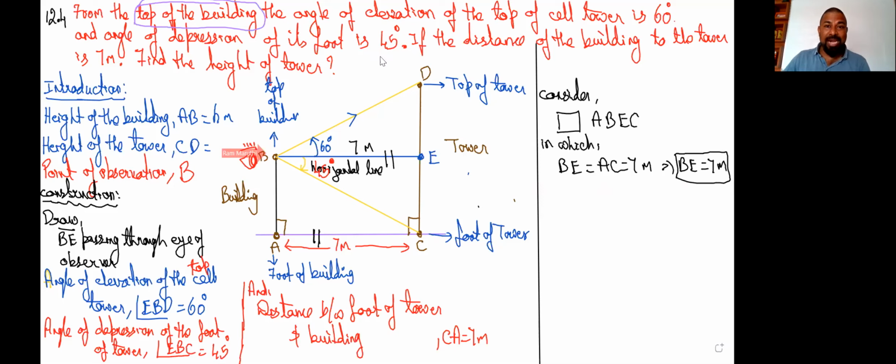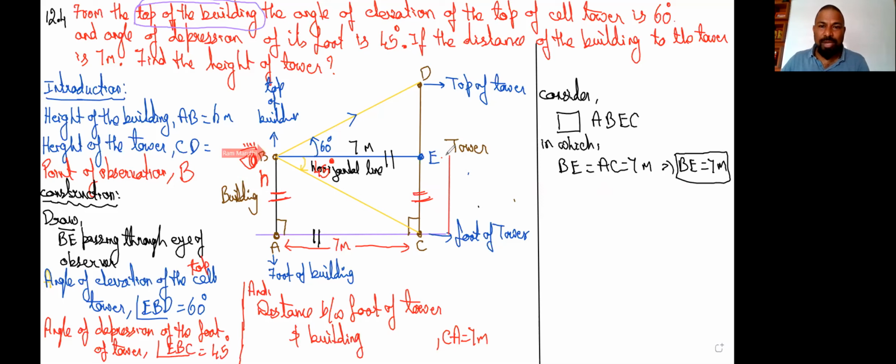And in the same way, as it is a rectangle, this side and this side are equal. As we have labeled, we call the height of the building H. So if this is H, obviously the other side is also H for us.